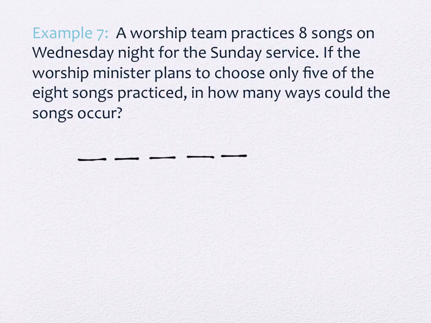How many options does the worship minister have for song number 1? 8. Song 2? It's actually 7. He wouldn't repeat the song, or he would just be singing the same song. That's kind of the way songs go, yeah. And then after that, we'd have 6, 5, and 4.